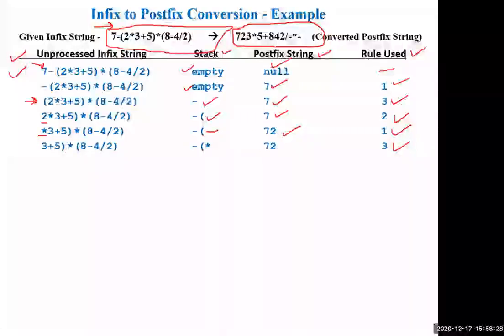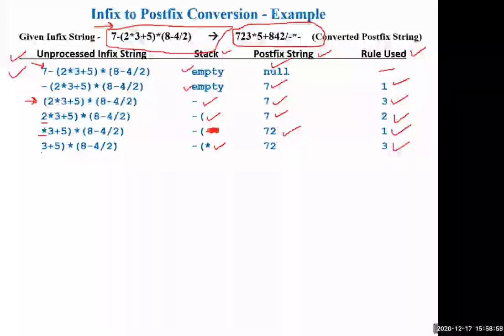There is no operator inside; we have only this bracket. So when the opening bracket is on the stack, we just directly push the multiply operator onto the stack, because there is no other operator in the previous stack status. So we directly push this operator onto the stack as per rule number 3.